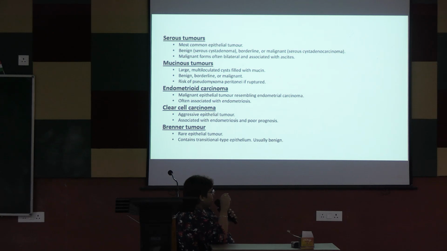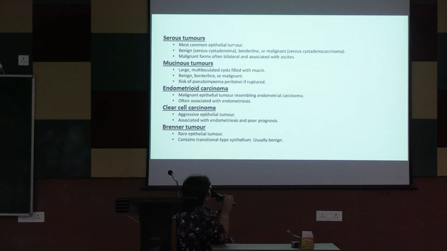Now a few lines about all the common types of tumors. Serous tumors are the most common epithelial tumor, benign, borderline or malignant, and the malignant forms may be bilateral and associated with ascites. Mucinous tumors are larger than the serous tumors, and the cysts are multiloculated, whereas in the serous tumors, it will be uniloculated.